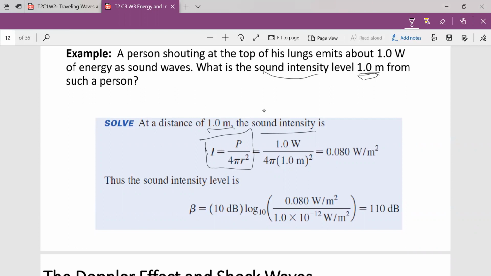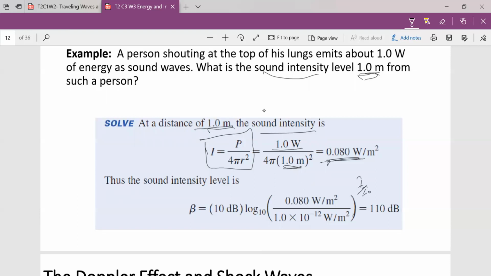First, we'll use this formula to calculate the intensity because we know intensity is what is here. So from our formula given, the intensity equals power over area, the distance is given as 1 meter, and then taking the square of that plus the power in watts, we have the intensity to be 0.80 watts per meter squared.